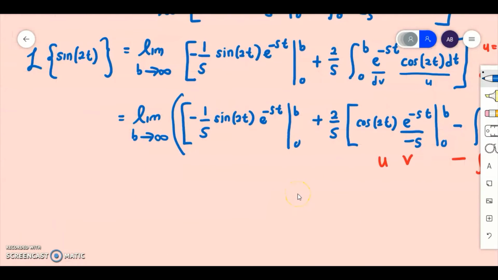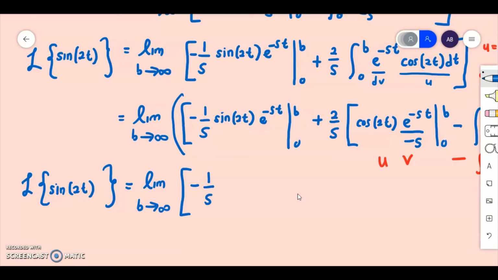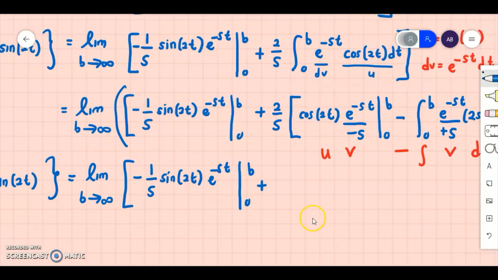So I have the Laplace of sine 2t, which is equal to, I'm not simplifying there, just copying, and we can simplify the negative and positive first. So sine 2t exponent negative st, this is from 0 to b. Okay, you gotta be careful here. So let's look at this here.